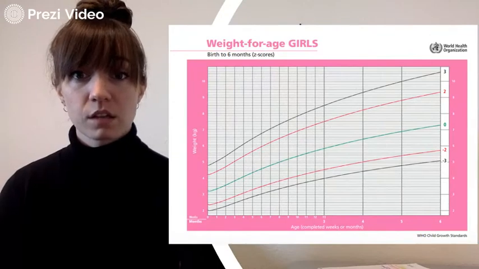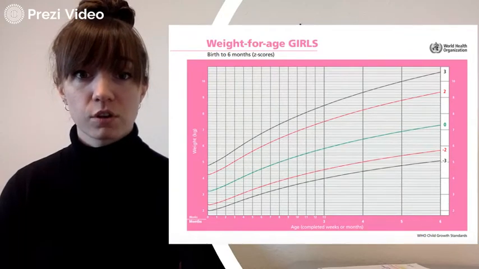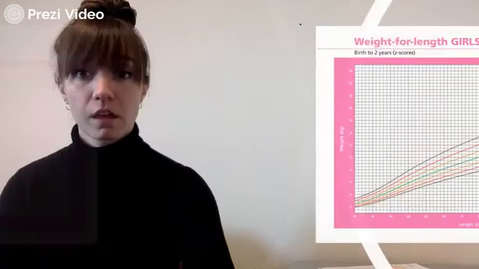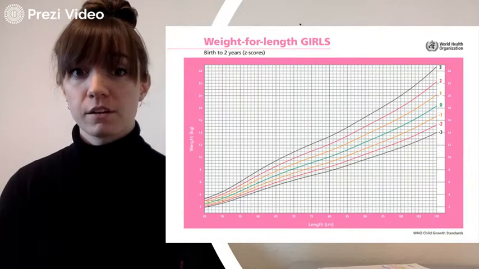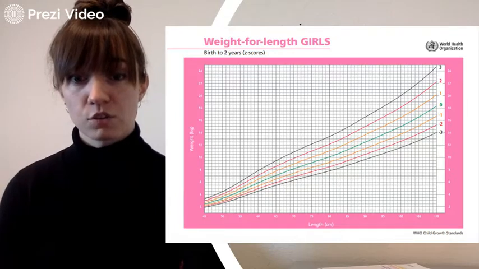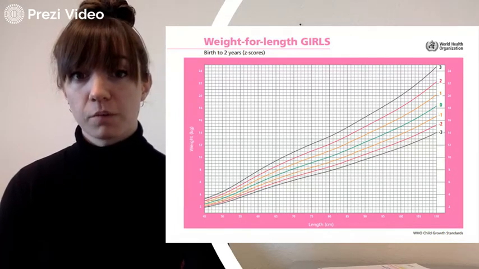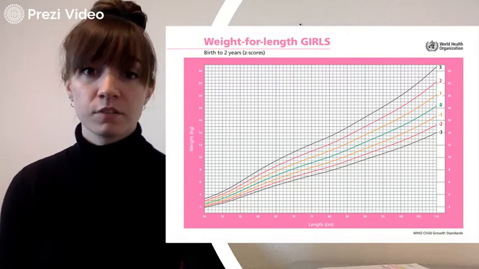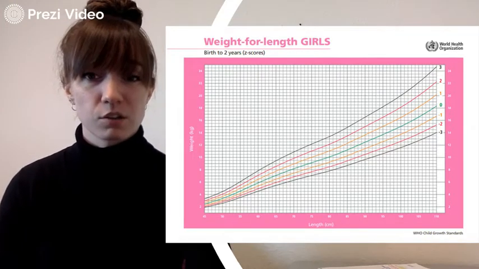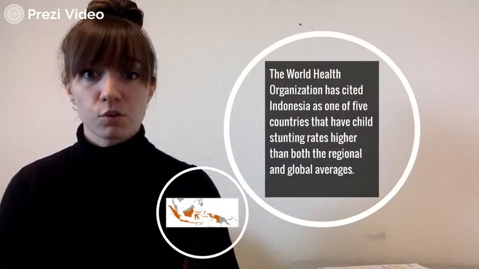This is weight for age, so the green is where we should be, and then the red is the cutoff for being wasted. And then this graph shows weight for length. So the green line is where we should be, and then the red line below it, 2 standard deviations, would be the cutoff for being underweight. All of these graphs are for girls from birth to 2 years, but there are also graphs for boys and for the older age range up to 5 years old.